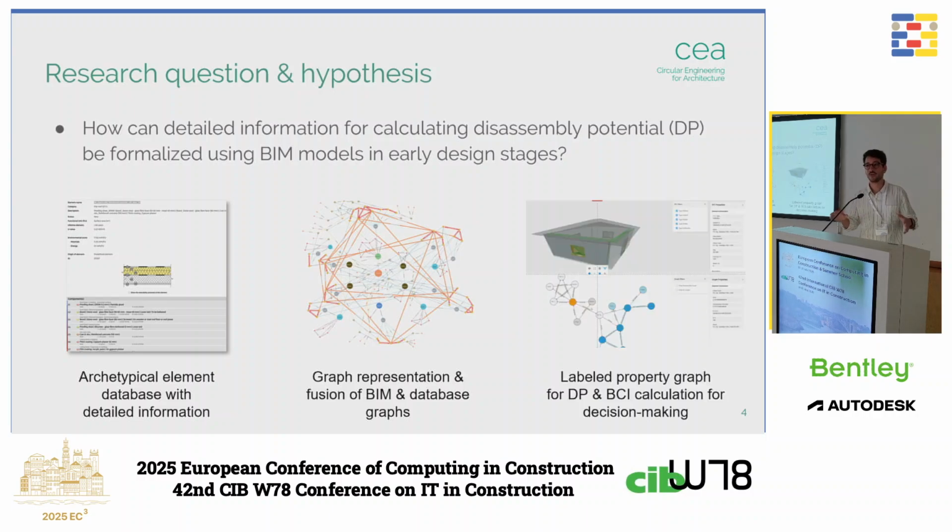I know there are a lot of ontology people at this conference, and I didn't decide for an ontology because I want interactive decision making, also for visualization, and calculating iteratively. So I decided for labeled property graphs for this disassembly potential calculation for decision making.